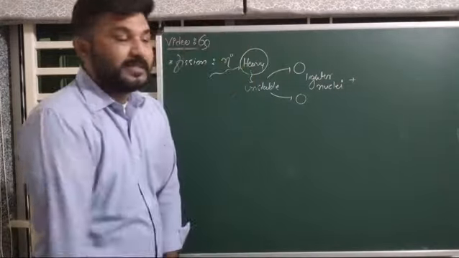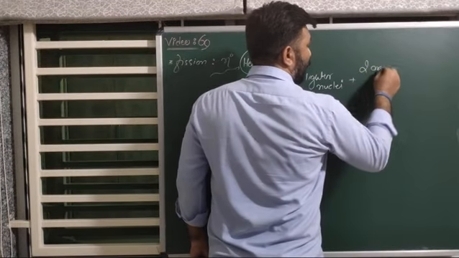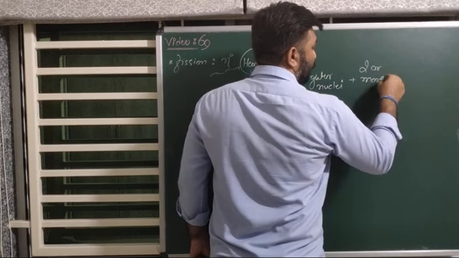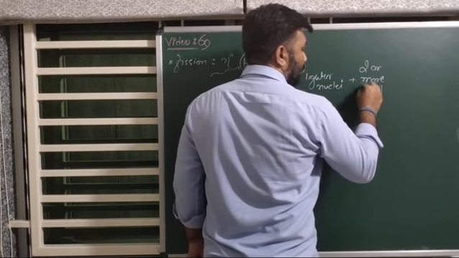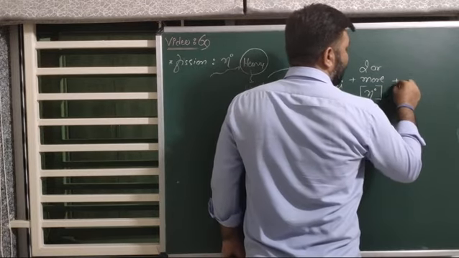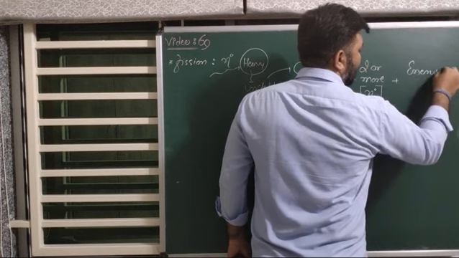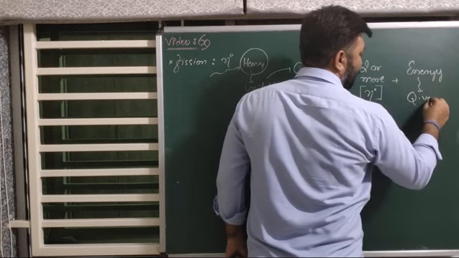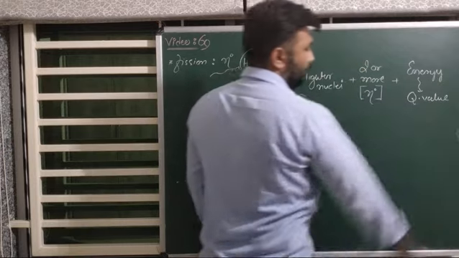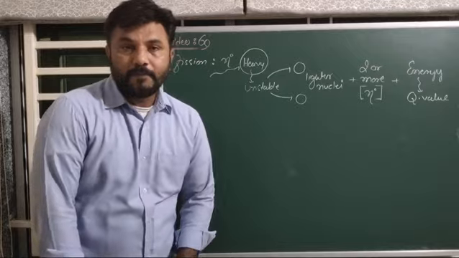After one fission reaction, we know very well two or more neutrons are also released. Not only that, after this reaction, energy is released and that energy is known as Q value. Clear? So, this is all about fission.